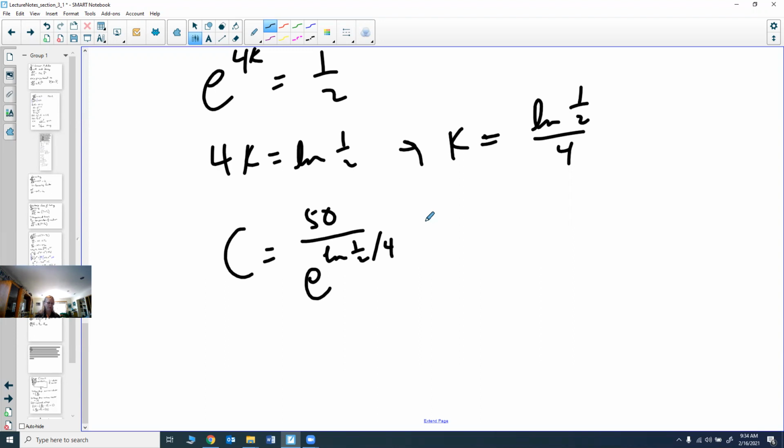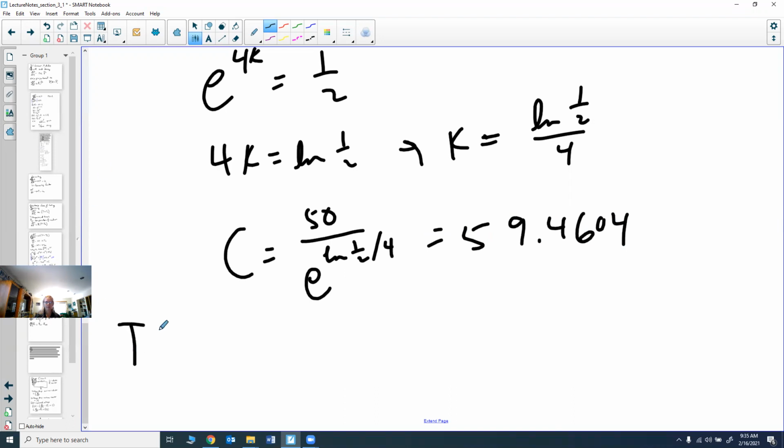Okay, I just can't use my own calculator. And so we get that C is equal to 59.4604. Now we don't know what our initial condition is yet. So we can now put all this into our equation.